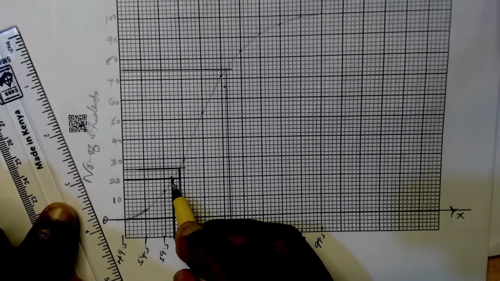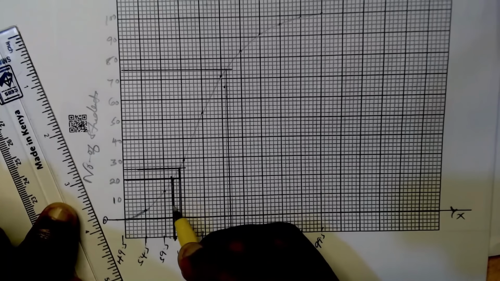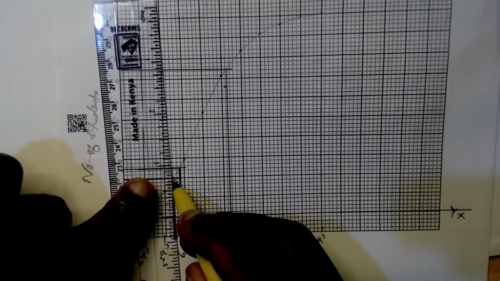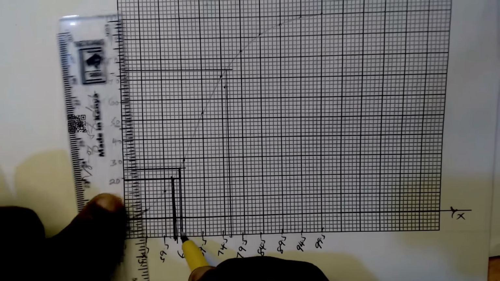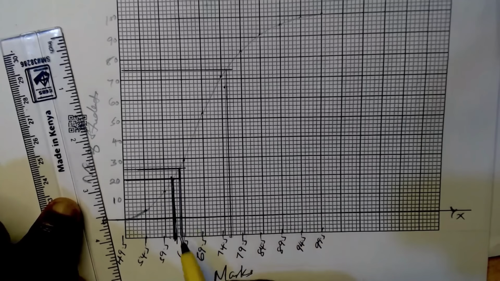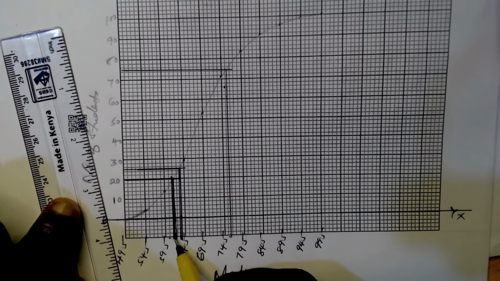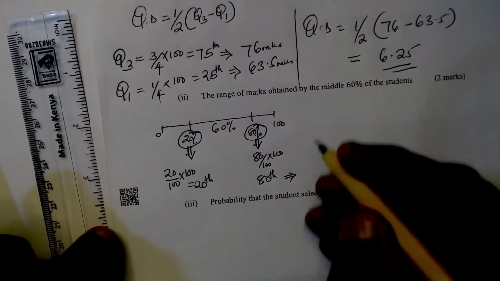So we are going to add 0.5 because it is not exactly on that line. If you draw it properly, you notice that it is going almost to the half of the other square. So 60.5, 61.5, then at the middle there you can estimate plus 0.5, that will give 62. So the 20th student will give 62 marks.